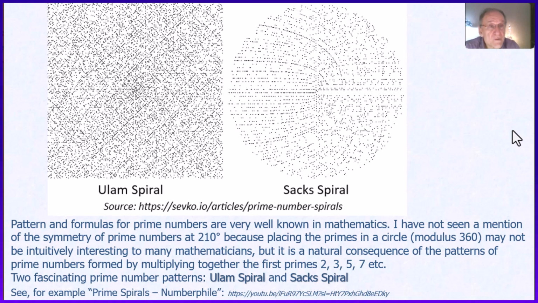But it is interesting to confirm it and see exactly how it works, and to confirm it with a program that counts up these number of symmetry patterns and show that it's actually there, that it's true, and that there are some ancient ideas and other ideas in astrology that seem to relate to it is quite fascinating as well. Okay, so there are other insights into these patterns of prime numbers.